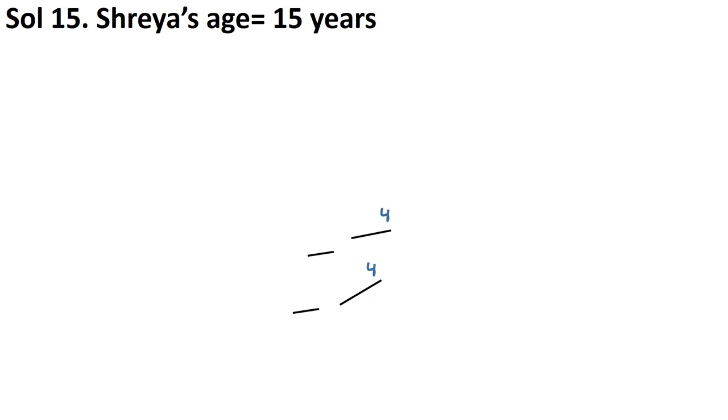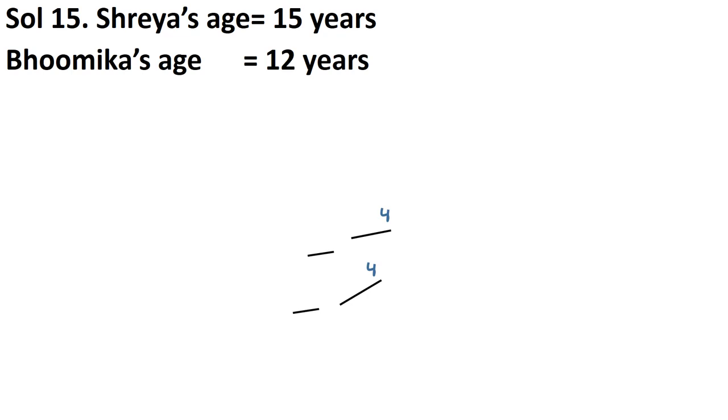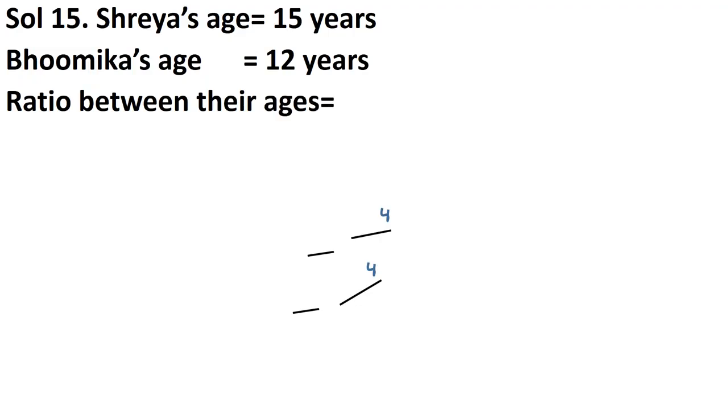If Shreya is 15 years of age and Bhumika is 12 years, find how much Shreya and Bhumika will get. Shreya's age is 15 years. Bhumika's age is given 12 years. Now let us find out the ratio between their ages. Ratio between their ages is 15 is to 12. Convert into simplest form, 5 is to 4.